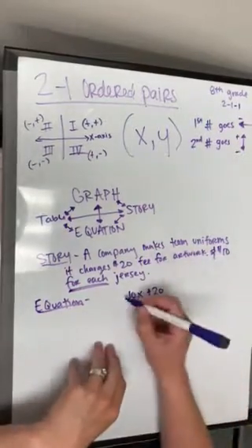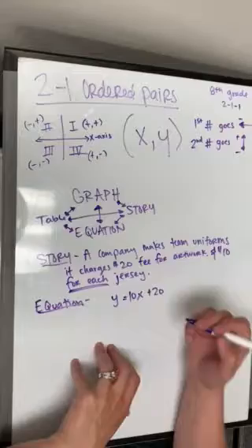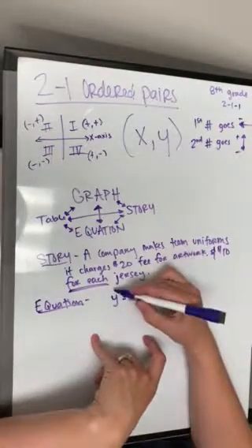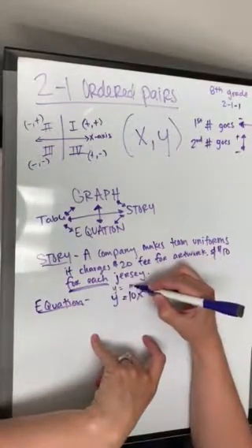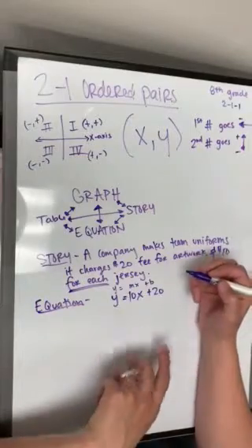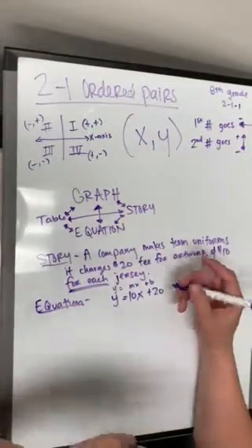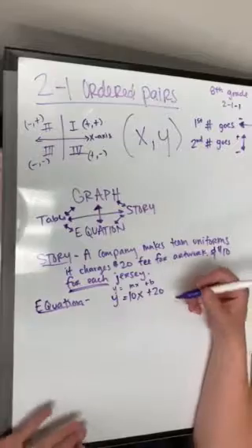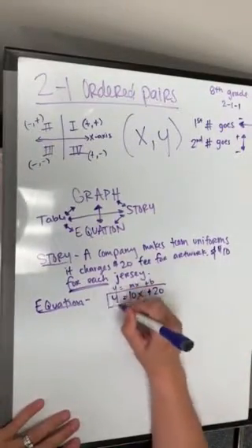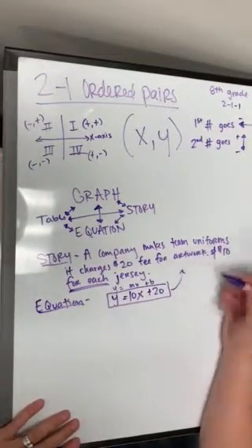So all of this is going to equal our total. Well, this right here is in the form of y equals mx plus b. We'll talk more about that and really what all of them mean. But this is our equation that goes along with this story.